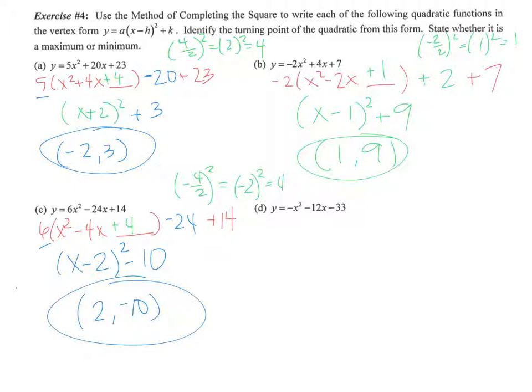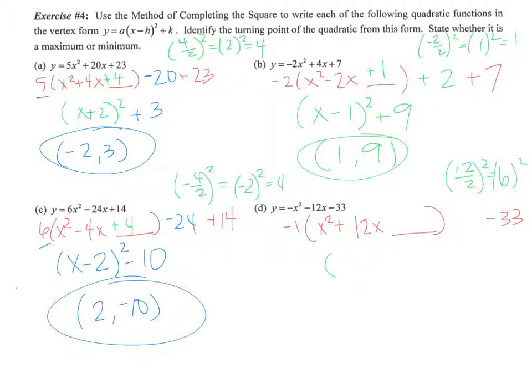And last one, we're taking a -1 out, and we have x squared plus 12x minus 33. So 12 divided by 2 squared is 6 squared.